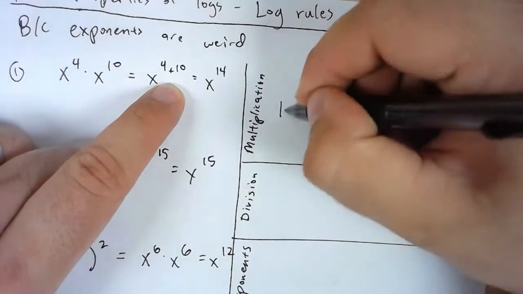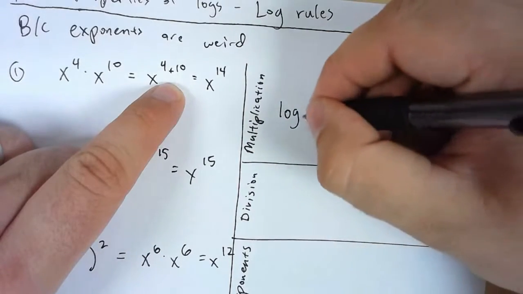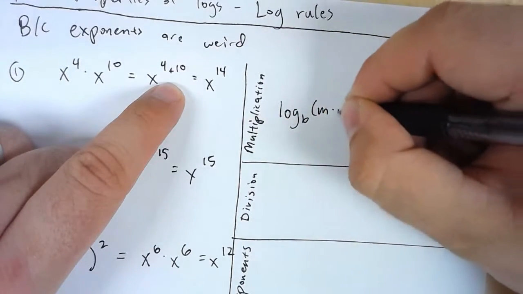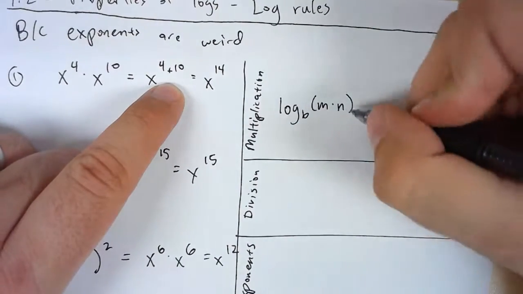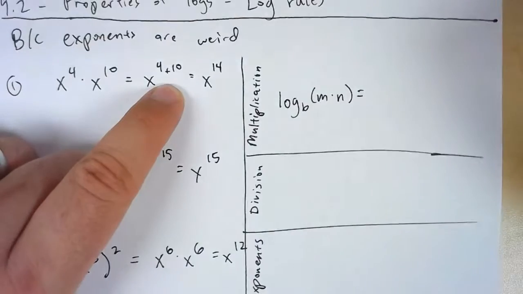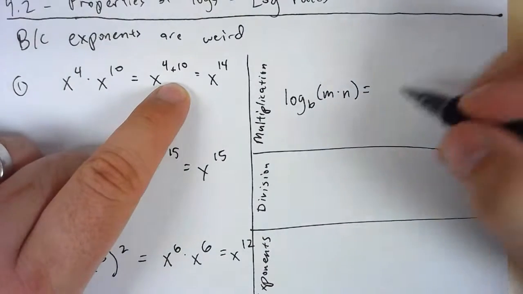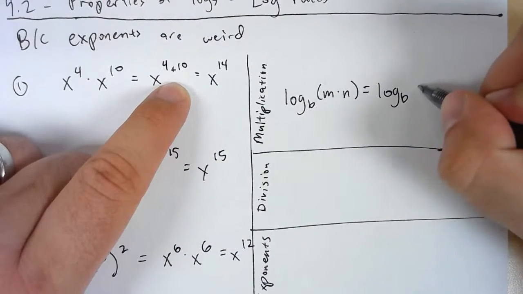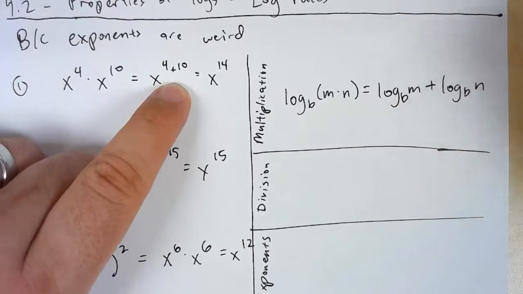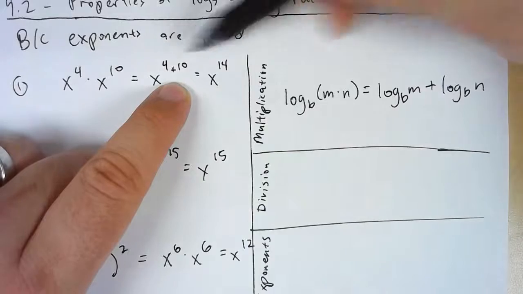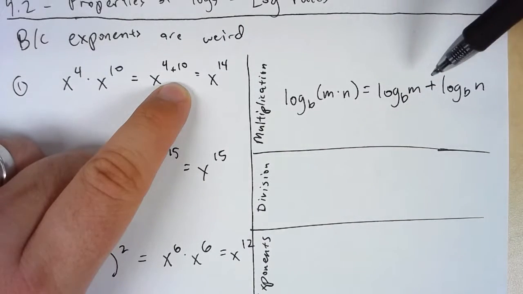So if we have logs which represent exponents being multiplied, log base b of m times n all on the inside, that's really equal to log base b of m plus log base b of n. Because just like we added here, we're going to have to add our exponent logs.